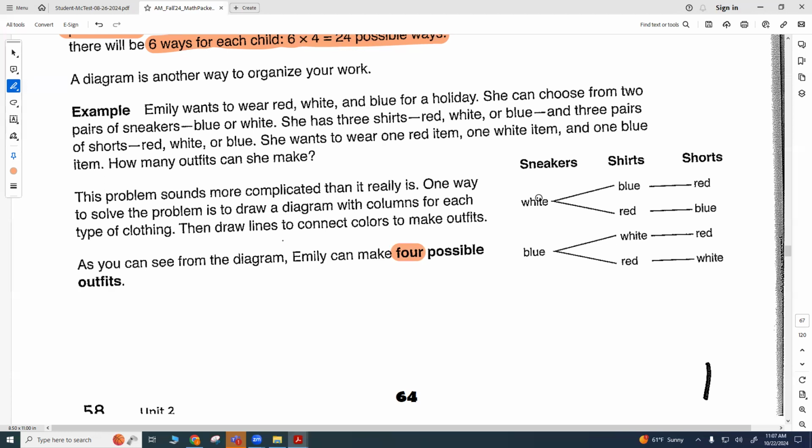So if she has white shoes on, she can wear a blue shirt and red shorts, or a red shirt and blue shorts. That's hard to say. If she wears her blue shoes, then we have white and red as the combination of shirts and shorts. So as you map this out, you can see that she has 4 possible outfits. Okay.